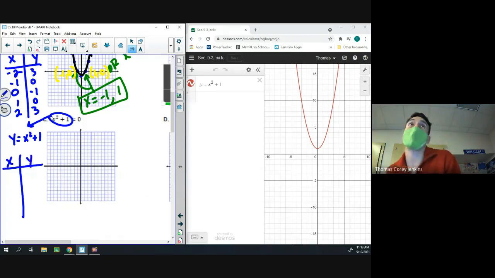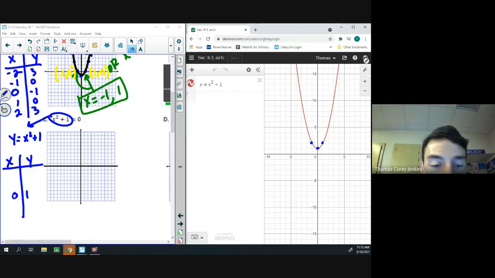All right, so based on what I'm seeing on my graph here, and remember I can pull up a table as well if I'm not sure. Looks like the vertex is (0, 1). And it looks like -1 goes to 2, +1 goes to 2. And then it also looks like -2 goes to 5 and +2 goes to 5.